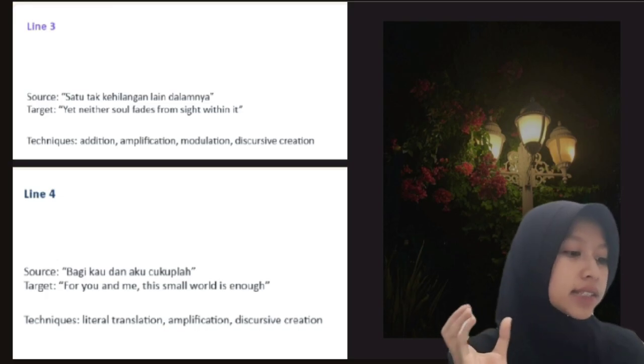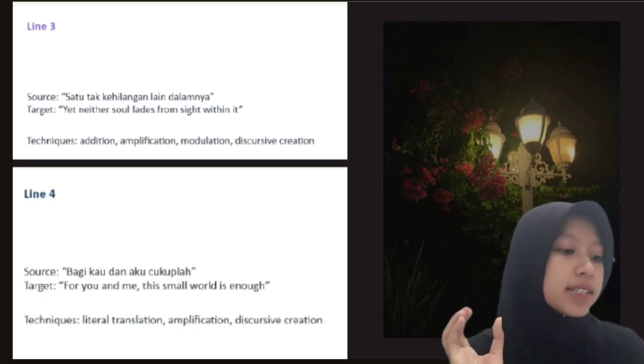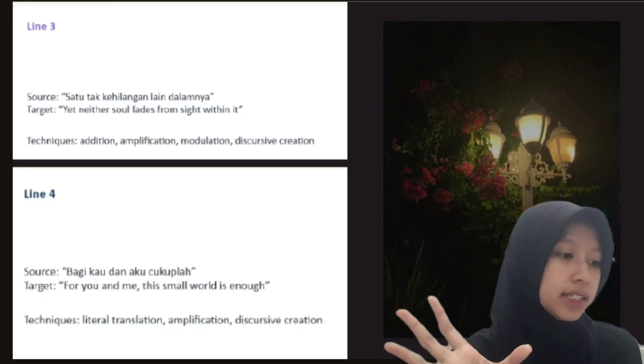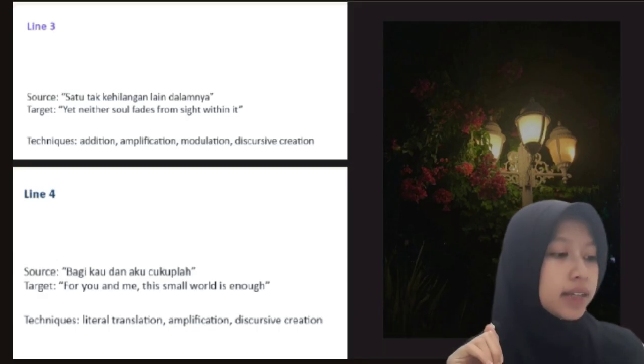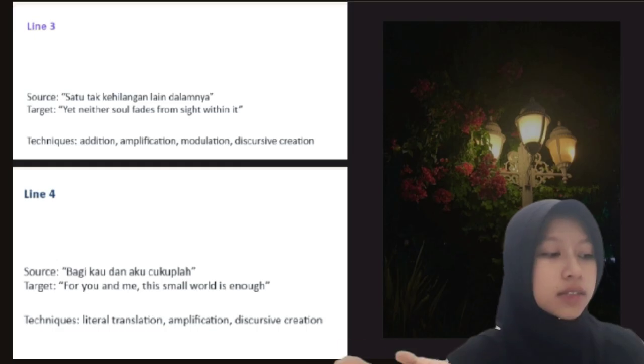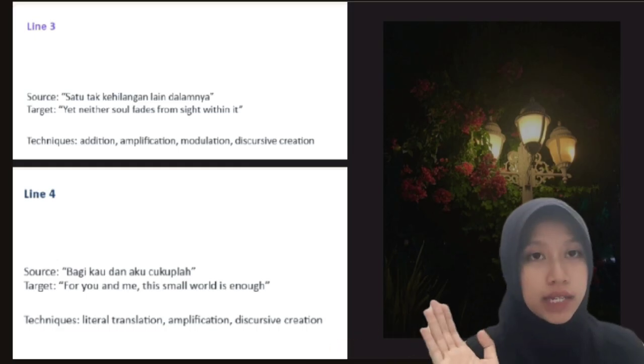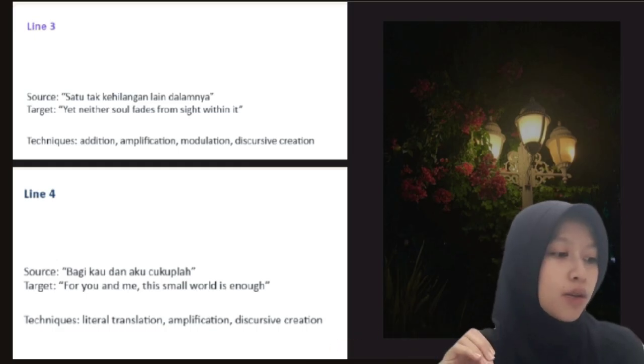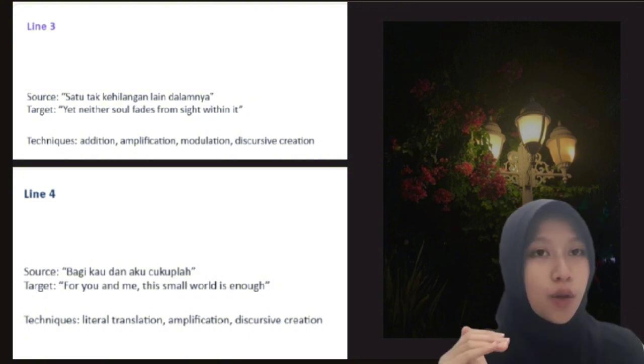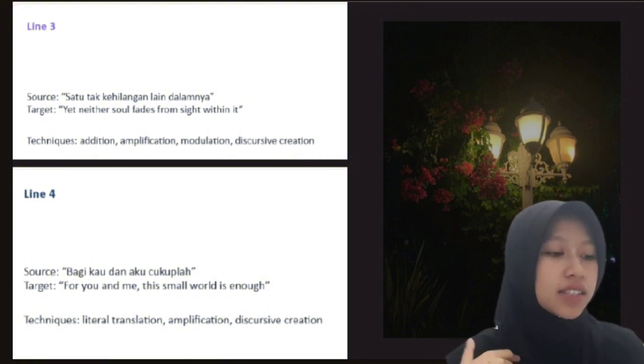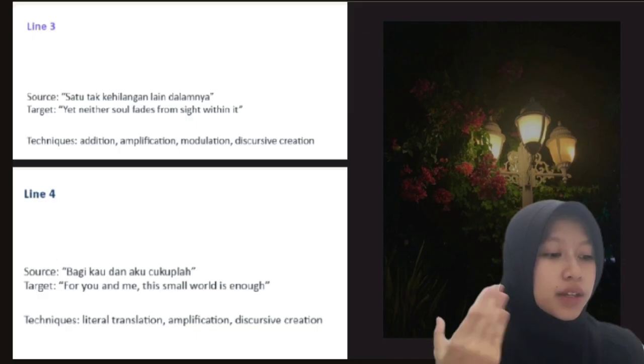And then the next is the third line, "satu tak kehilangan lain dalamnya," that I translate into "neither soul fades from sight within it." Here I use soul instead of a person.